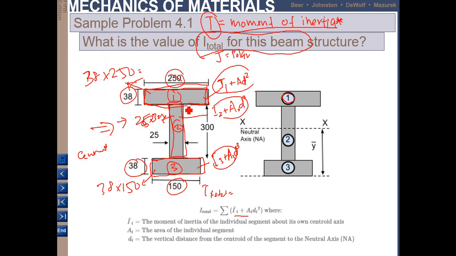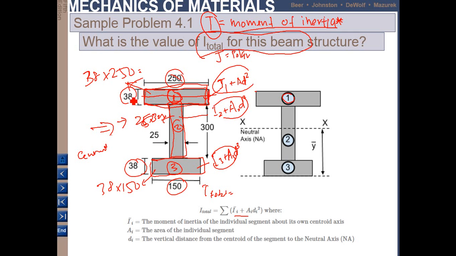Now the y. For the first part, you want to find its centroid, and the centroid will be in the middle of this part.